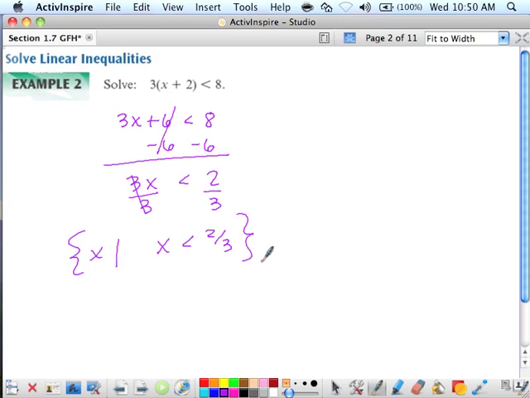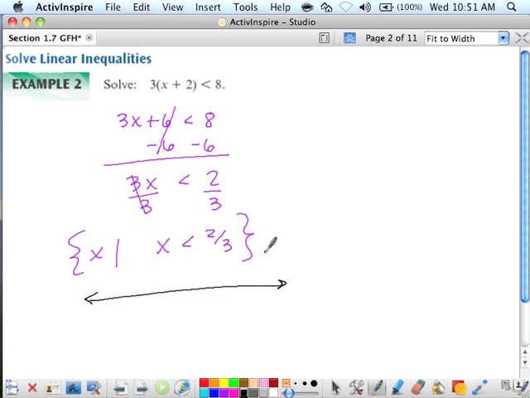If we were going to graph this inequality, we'd put a number line, and we would put a parenthesis or a bracket at 2/3. Some of you might say open circle, but here we typically use a parenthesis for an open circle, and a bracket for a closed circle. So we're going to put a parenthesis at 2/3 since there's nothing underneath the less than sign here.